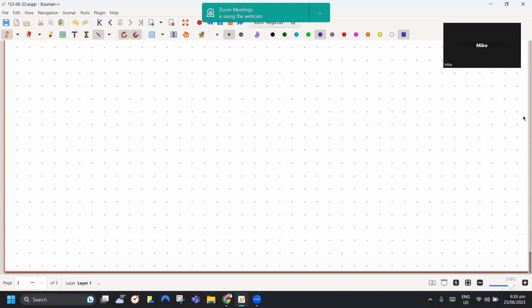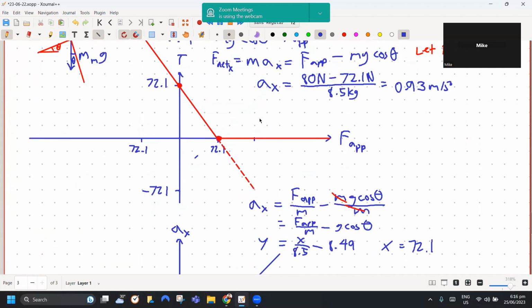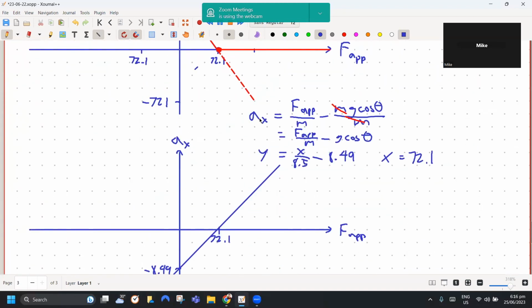If F applied is greater than 72.1, yung equation for the line na yun, that's now going to start to apply. Piecewise function yan eh. So may condition tayo dyan. F applied is greater than 72.1 when we set up that equation, di ba?